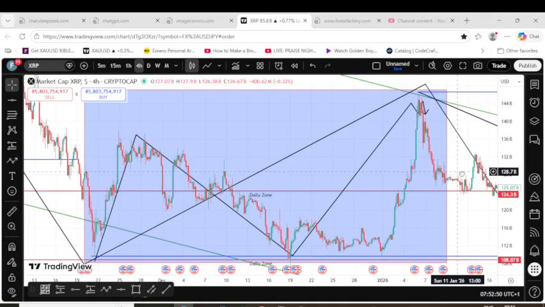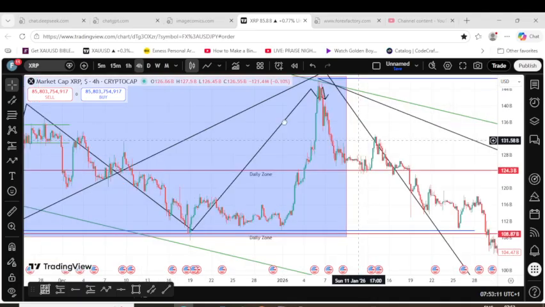Price formed a rectangular range here, then broke out of the range. Price refused to go below and then came up above again. So price did it the first time, did it the second time, but refused to do it the third time.